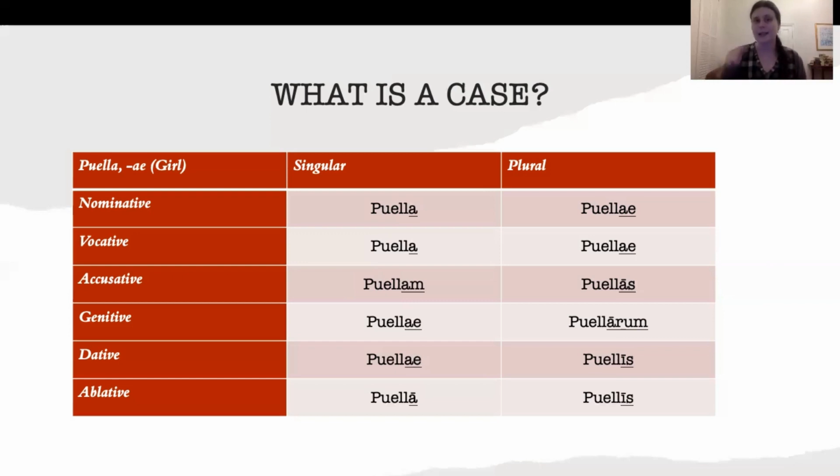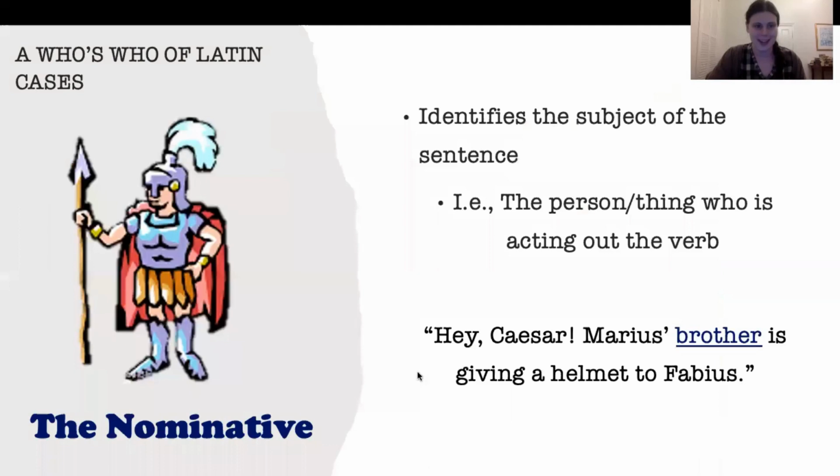And then that will allow you to decipher what the ending means. But knowing what this table is doesn't really make sense if you don't know what all of the words on the left mean. So let's meet the team. Let's meet your new best friends. A who's who of Latin cases. Okay, so first off the bat, we have got the nominative.